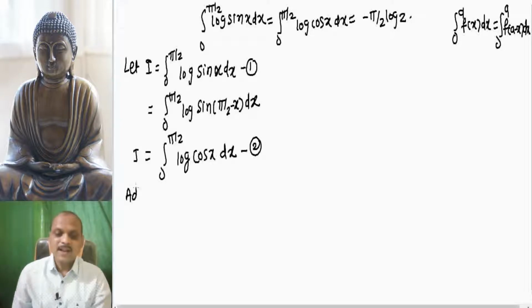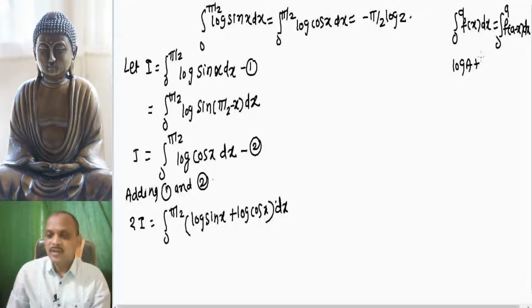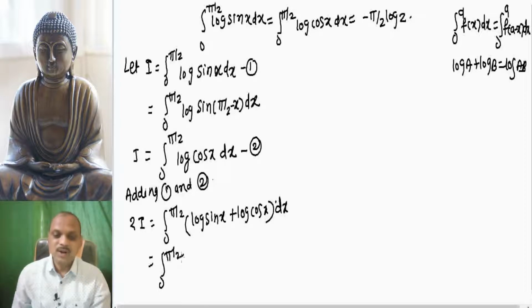Now adding 1 and 2, we have 2I equal to the integral from 0 to pi by 2 of log of sin x plus log of cos x dx. But log a plus log b equals log ab. Hence this is equal to the integral from 0 to pi by 2 of log of sin x into cos x dx.